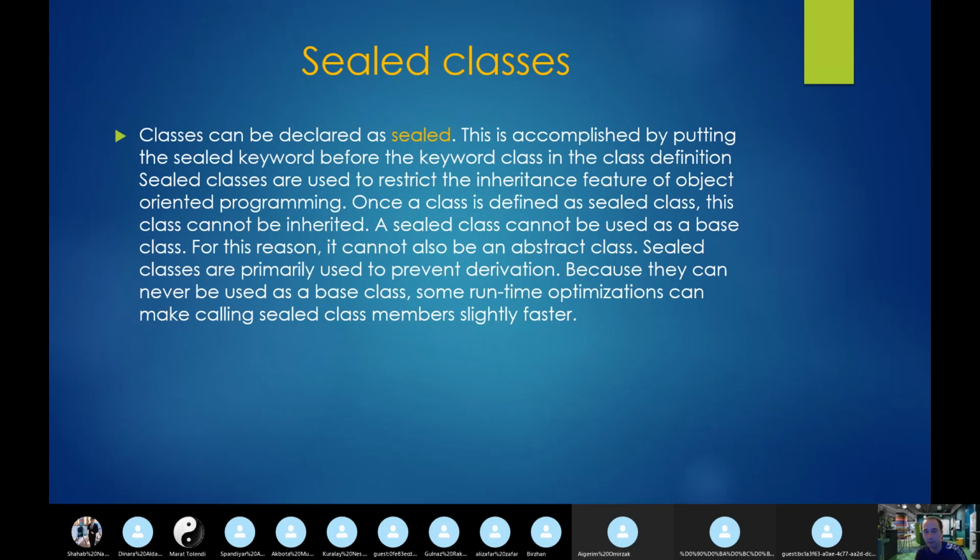At the same time, sealed classes cannot be abstract, because abstract class means that it will be inherited, and the sealed keyword forbids this, so we cannot inherit from the sealed class.